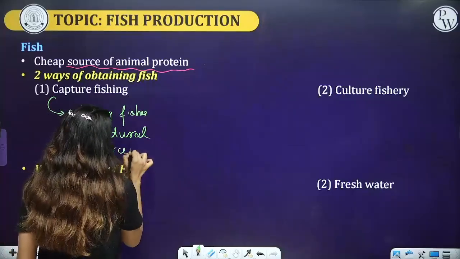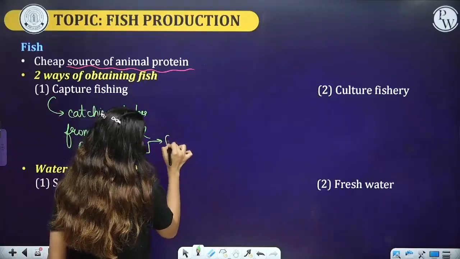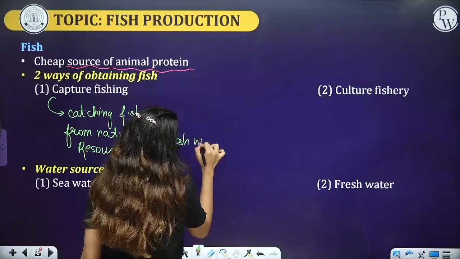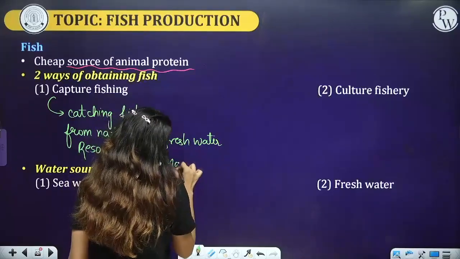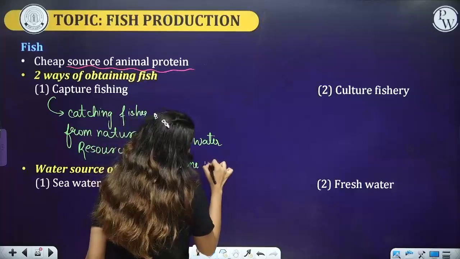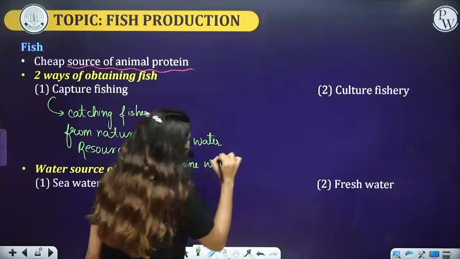So capture means we are catching the fishes from natural sources, either fresh water or marine water. Marine water is the one where the salt level is high, guys.